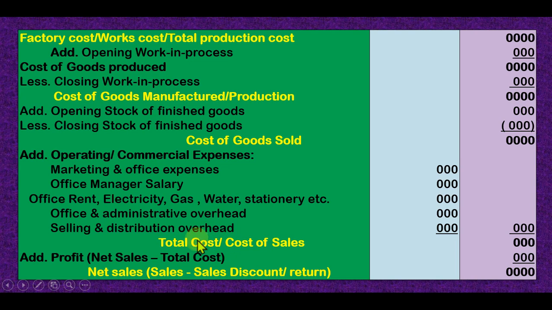And with this total cost, if we add desired profit, then it will be selling price. If there is a loss, if we subtract it, then it is also selling price. That means if there is profit we have to add it, if there is loss we have to subtract it, then you will find out the net amount of sales.